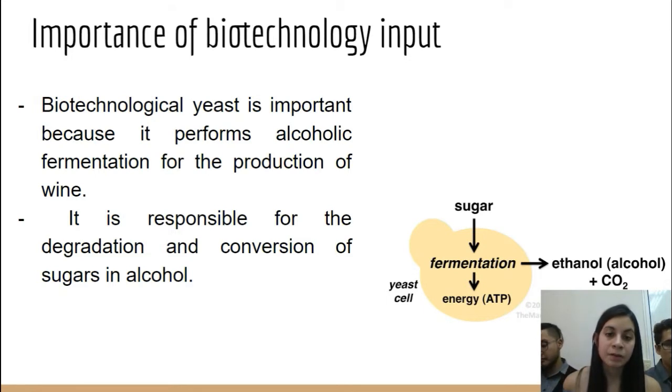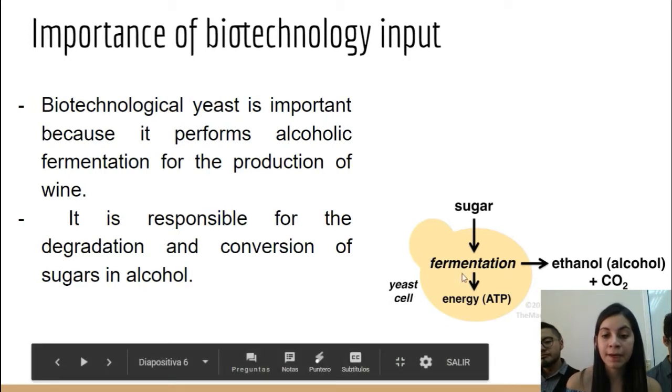Okay, the importance of these biotechnological ingredients, in this case the yeast, is that it performs the alcoholic fermentation for the production of the wine. The yeast is responsible for the degradation and conversion of the sugar of the different fruits into ethanol.